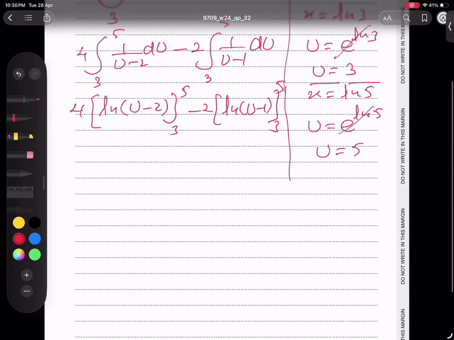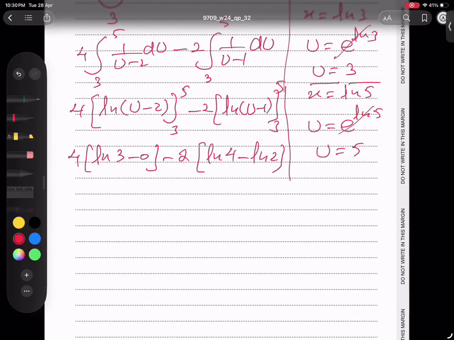So when I plug in 5 here, I'm getting 4 times log of 5 minus 2, that is ln 3. When 3, I got 1, and that is 0. When I plug in 5 here, 5 minus 1, I get a 4, and minus 1, I got a 2. Okay, 4 ln 3 I got from here, students.